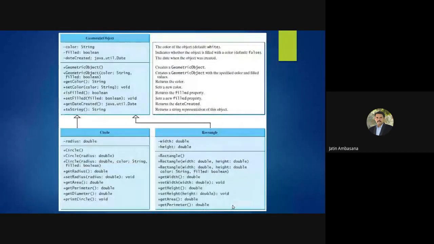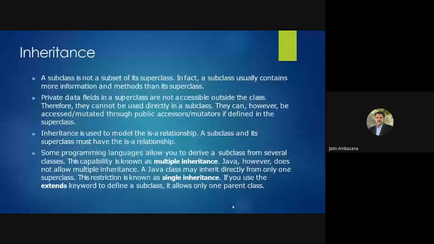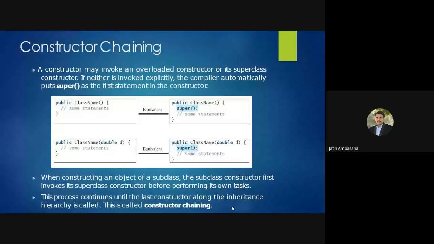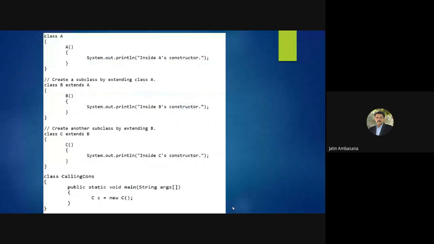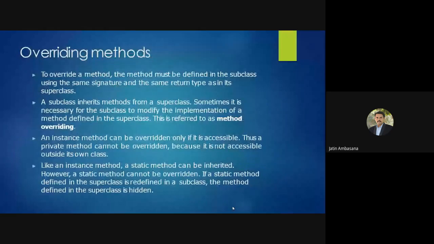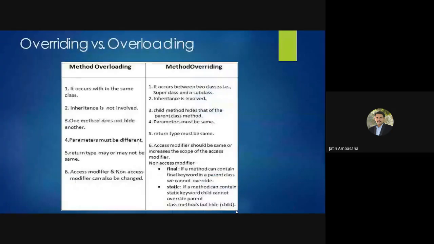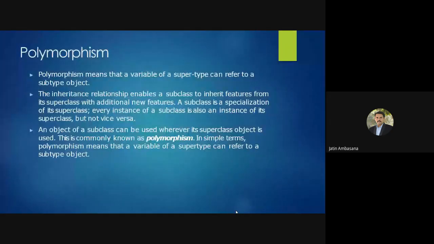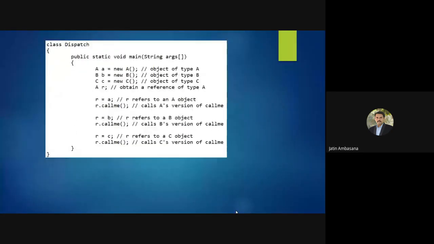Then we saw the concept of inheritance, how the super keyword can be used, how constructor chaining can be used with the super call, and how we do overriding and overloading of methods, right? That we saw. And then we saw polymorphism last time and dynamic binding, right?